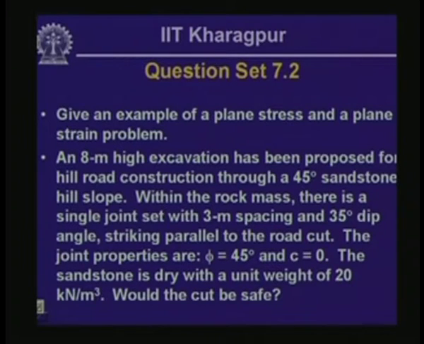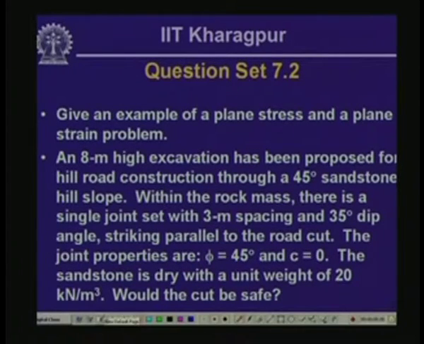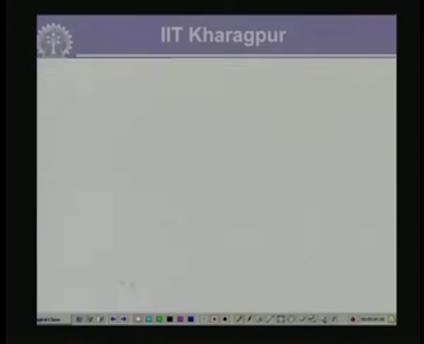Now plane stress, if you recall, in a plane stress problem what you have are essentially two principal stresses in one plane, and the out of plane principal stress in that case is 0. So we can consider an example from the perspective of engineering geology. Let's say we have got a strike slip fault which is rupturing at ground surface.